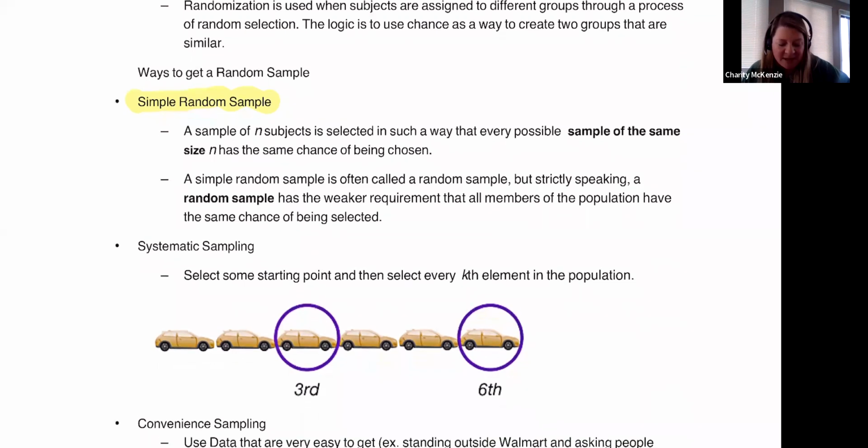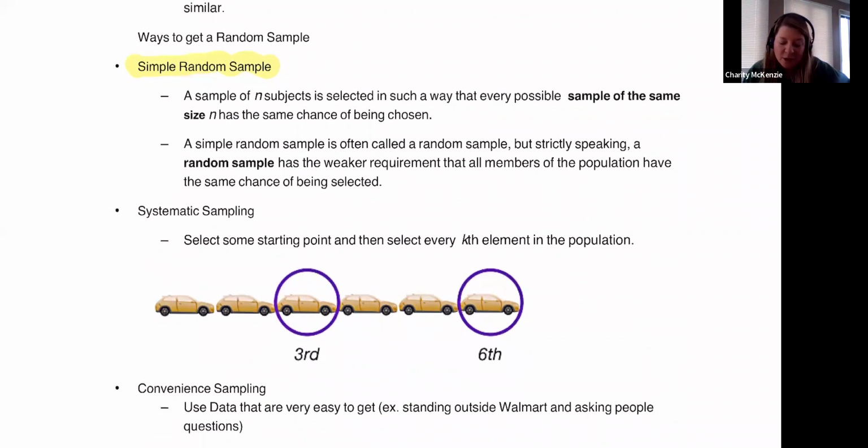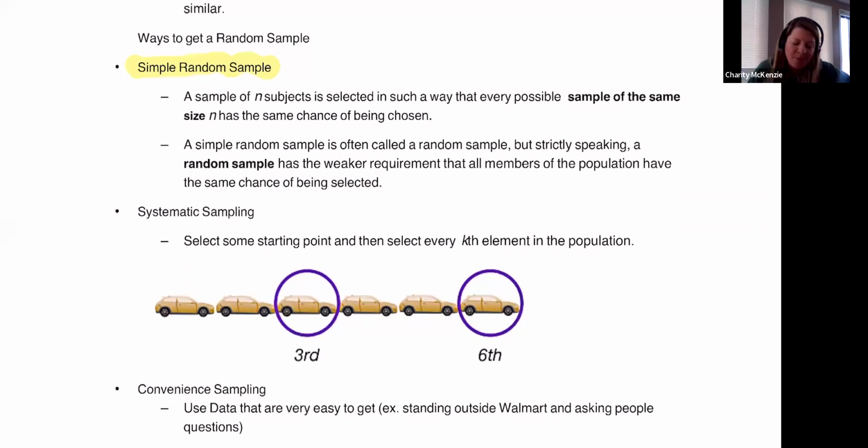A simple random sample is often called a random sample, but strictly speaking, a random sample has the weaker requirement that all members of the population have the same chance of being selected. So simple random has this extra piece, and this piece here is just all random samples.